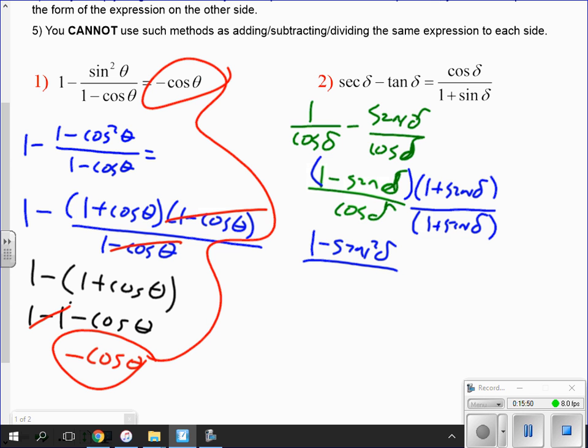What am I actually multiplying by here? 1, right? What's the value of this? 1. So can you multiply by 1? Yeah. If you multiply by 1, do you change its value? No, all I'm doing is changing what it looks like. Multiplying by 1 is okay. You can always multiply by 1. I couldn't multiply just the numerator.